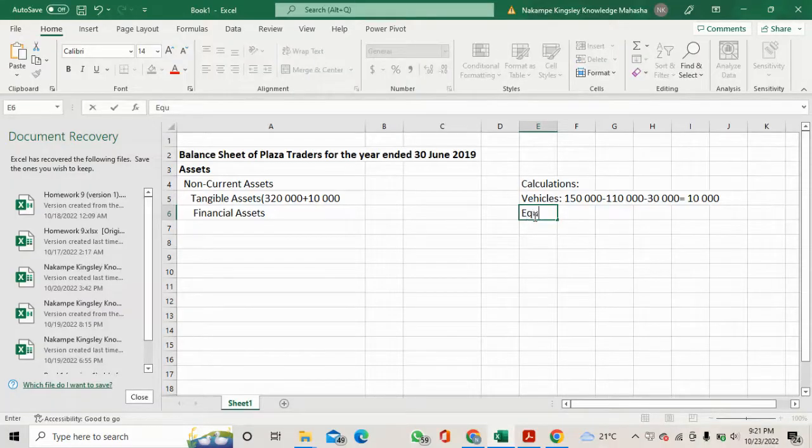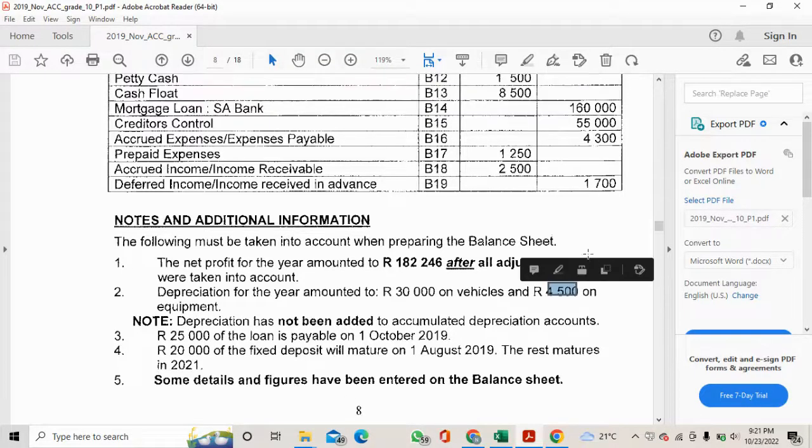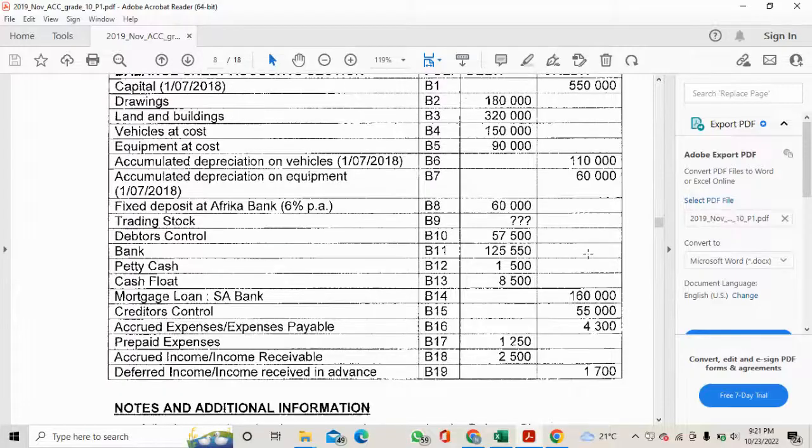So we come to equipment. Let's see what they say about the equipment. The equipment depreciation was 4,500 here, right? You can see it's 4,500. And then they told us here that the equipment at cost was 90,000, and then the accumulated depreciation at the beginning of the year was 60,000.